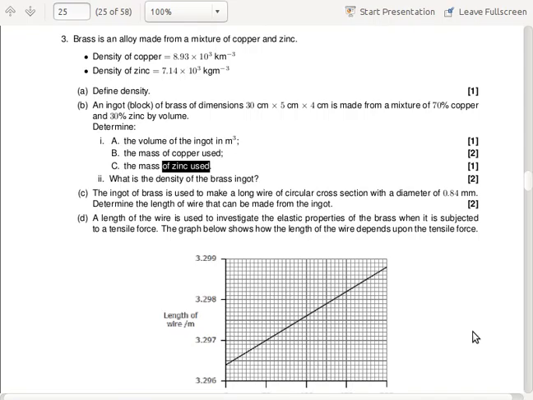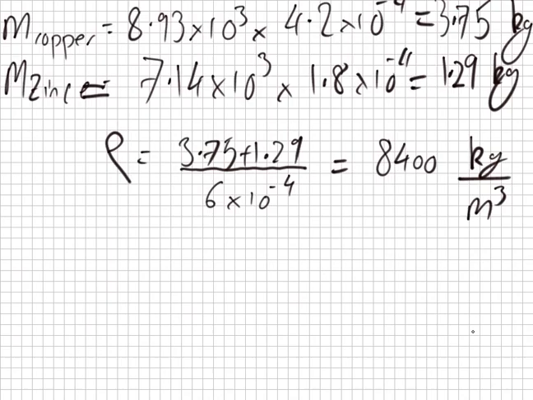The mass is used to make a long wire of diameter 0.84. What is the length of this wire? Okay, what was the mass of this total block?